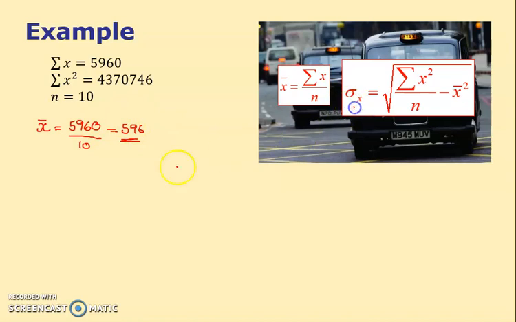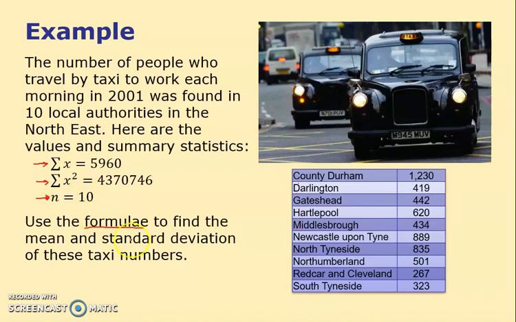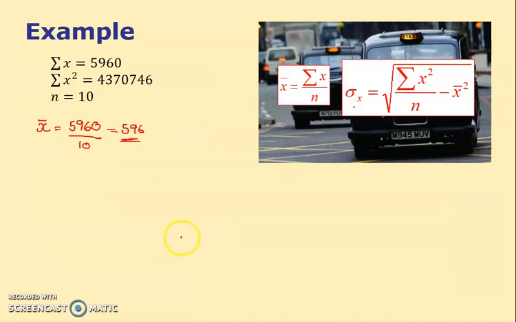Second job, find the standard deviation. I assume it said find the standard deviation. Yes, it does. Sometimes it says find the variance, you see. So standard deviation sigma x equals, now it's the square root of, and you should show this working out, 4370746 divided by 10 minus the x bar squared, minus 596, what we just calculated, squared. So I'm going to type that into my calculator.